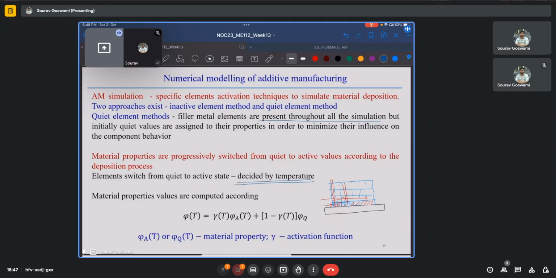So by using a rule of mixture type formulation, depending on the activation function, which in certain cases is decided by temperature, we can account for all the material properties.